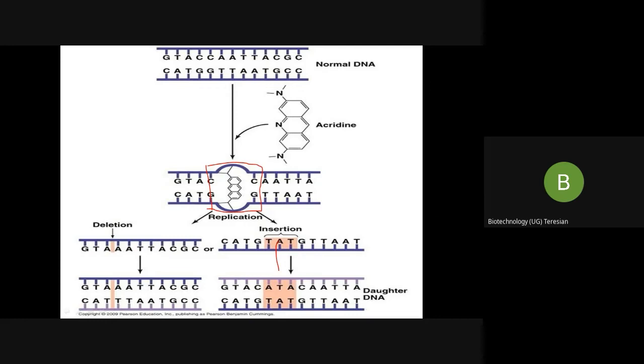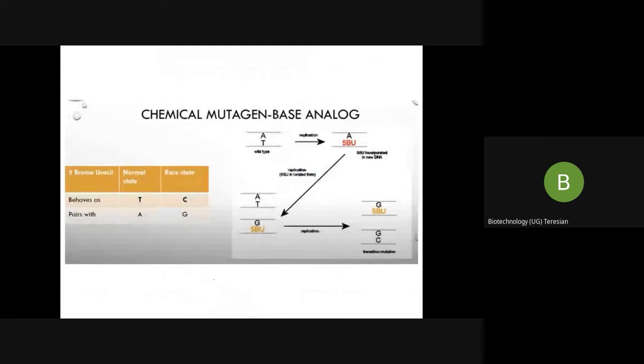So this is your new daughter DNA, and so also this is the new daughter. If you compare with your normal DNA, it is a complete change in the sequencing. One has been deleted, and in another, it has resulted in insertion.